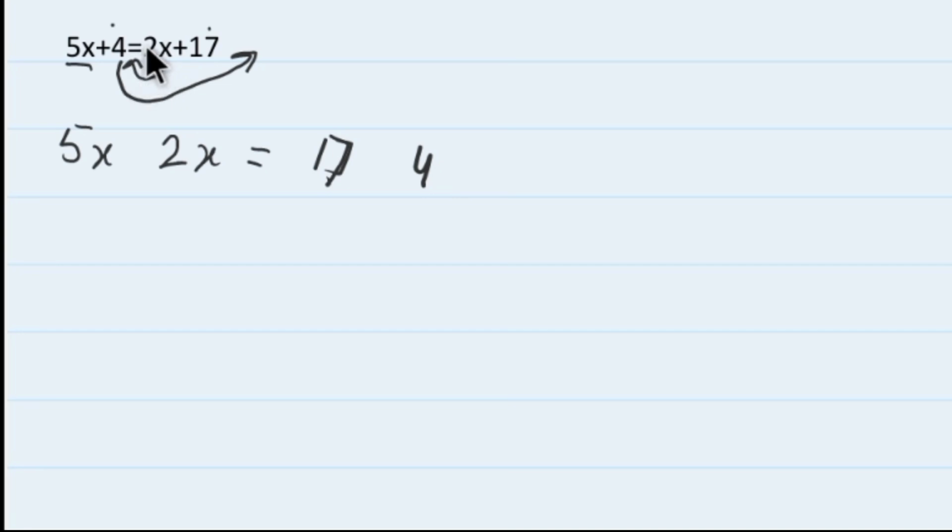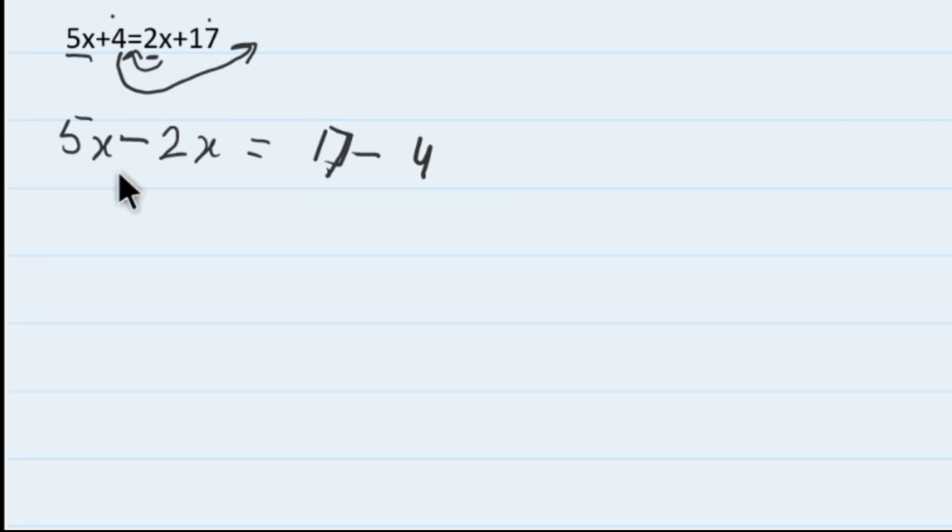If no symbol is given, then its symbol is always plus, so its symbol changes to minus. Similarly, when 4 moves to the right hand side, its symbol changes from plus to minus. Its symbol always changes: if it is plus, then it changes to minus, and if it is minus, then it changes to plus.